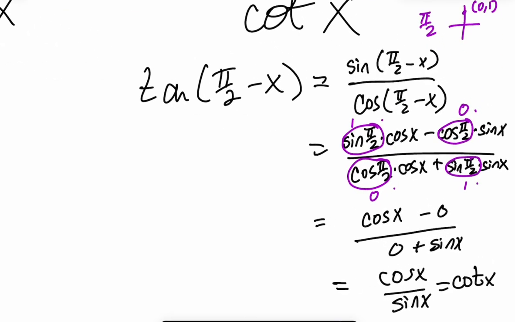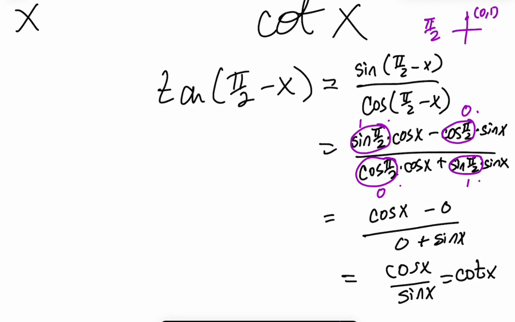So because of the unit circle, because of the transformation, because of how those things work, the tangent of pi over 2 minus x becomes a cotangent. They are cofunctions. Anytime you see in the parentheses pi over 2 minus whatever, it will always become the cofunction of that whatever. And so you don't have to do this.